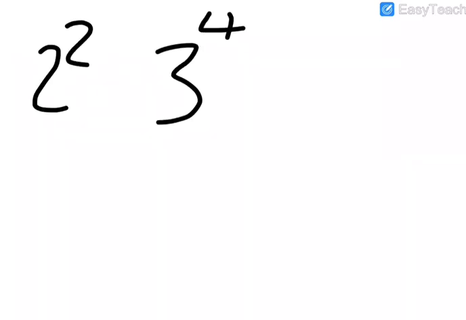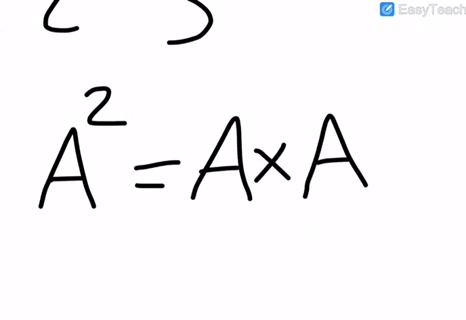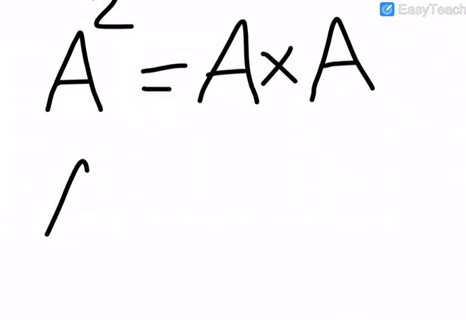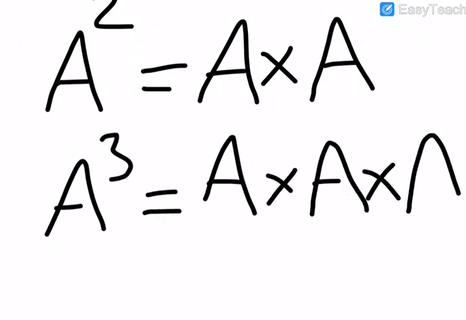Now the other property is that as in the real numbers we have the power. So 2 to the power of 2, 3 to the power of 4, for example. In the matrices we also have the same. We can say matrix A to the power of 2. But what does it mean? This means A times A. Or we can say A to the power of 3, which is A times A times A. But can we define the A square or A cube for any matrix?